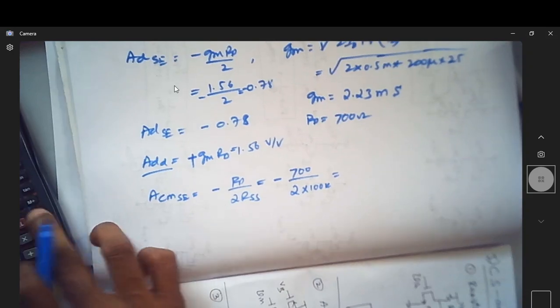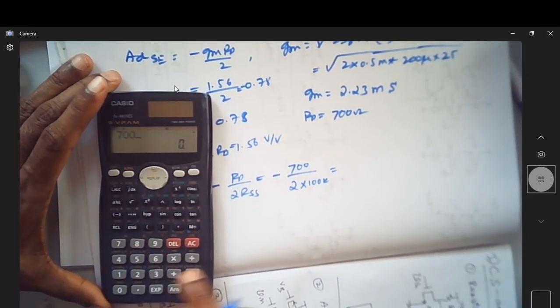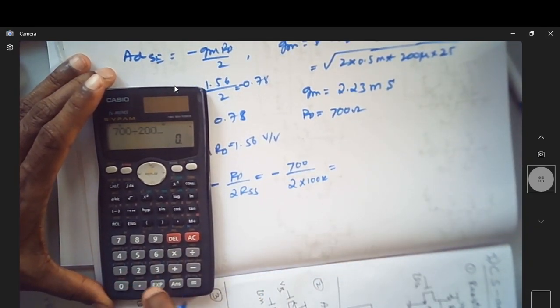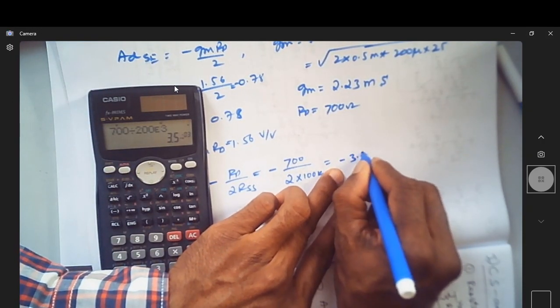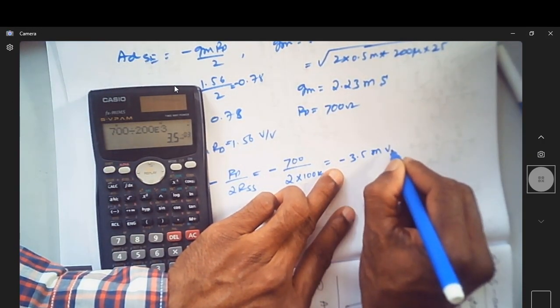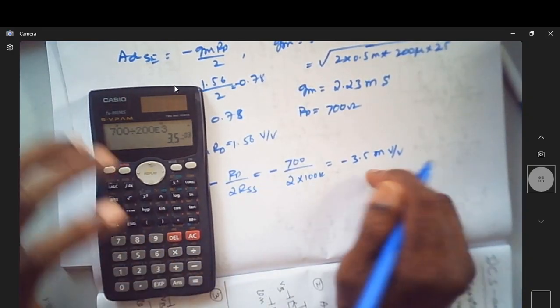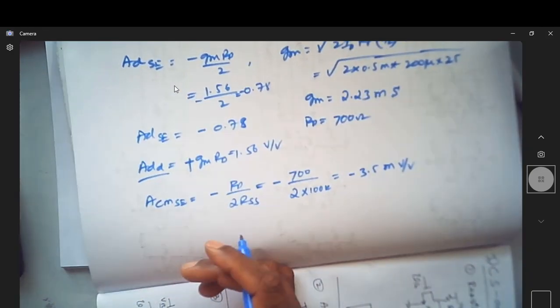So this comes out to be 700 divided by 200 exponential 3. So it's actually minus 3.5 millivolt per volt. So this is the gain. The gain is very, very less for a common mode signal.